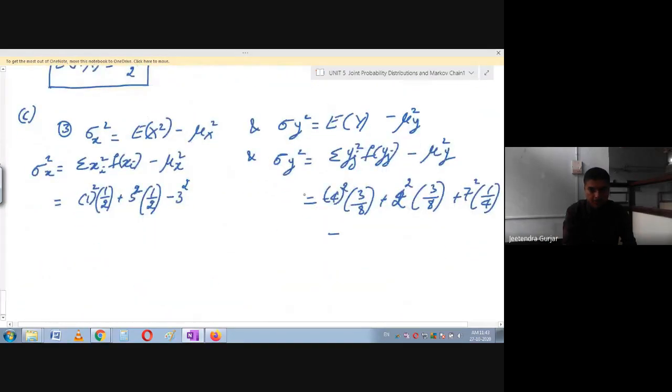Okay, no problem, mean is 1 only, so this is 1 square. I think you must get this value 4, and please check once again, you must get this value 79 divided by 4.